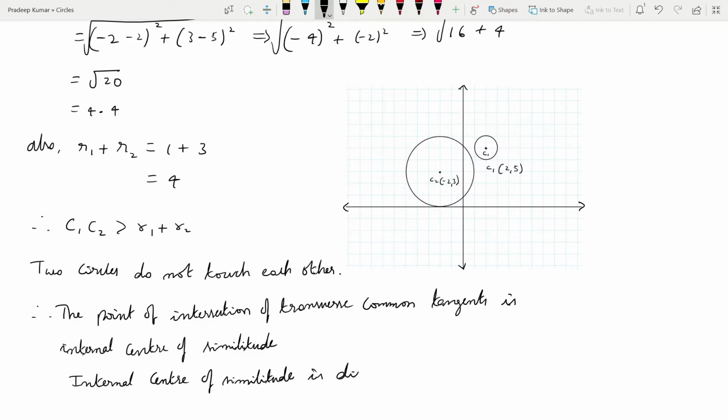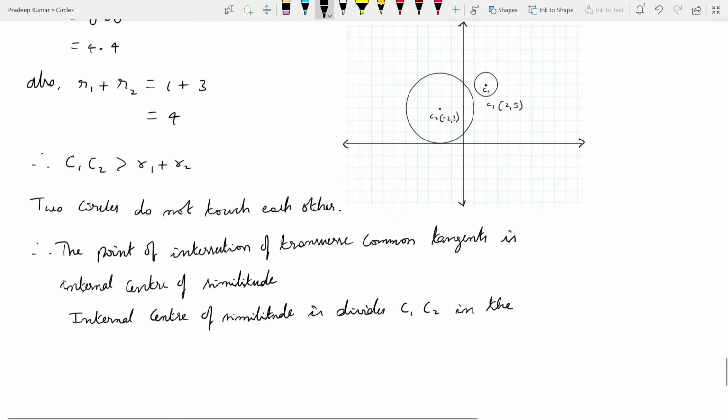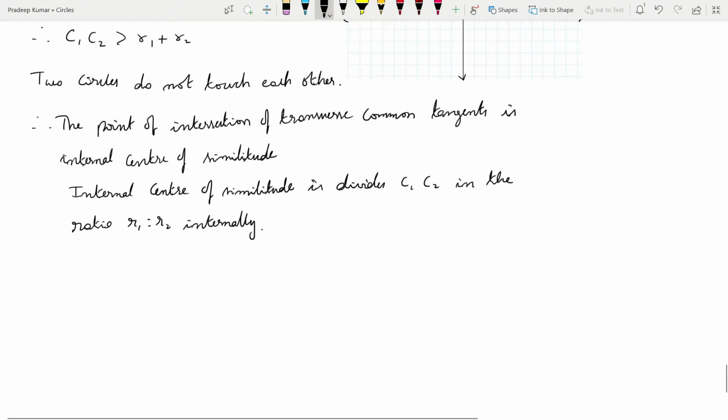The internal center of similitude divides C1C2 in the ratio R1 is to R2, of course internally. Alright, so we'll write the points and we'll just submit.